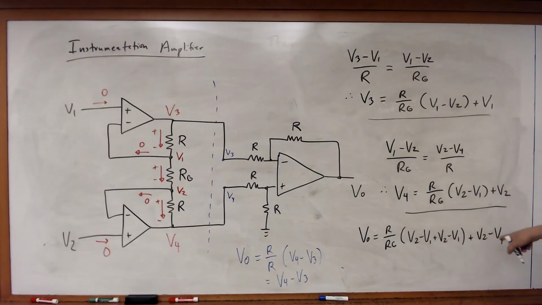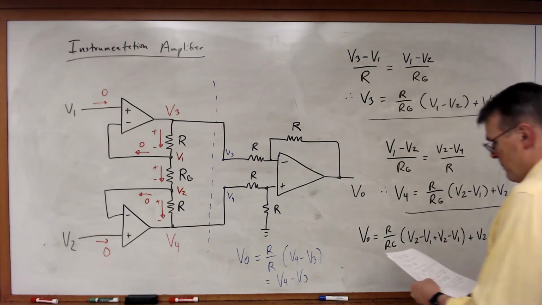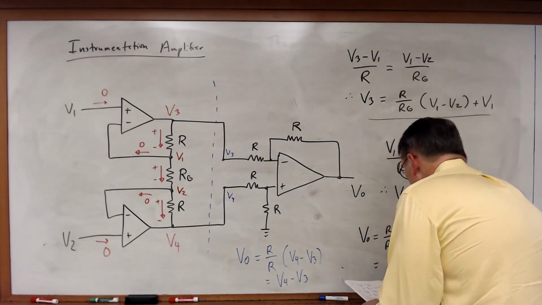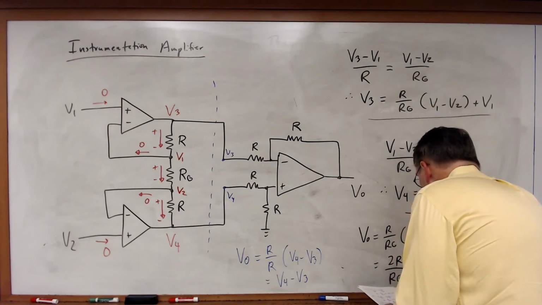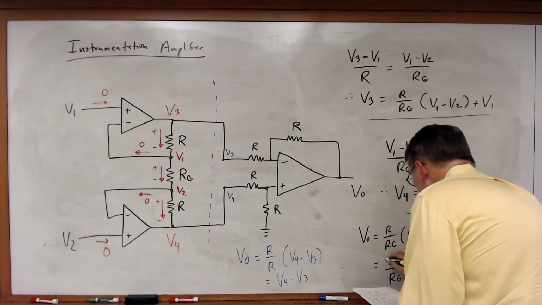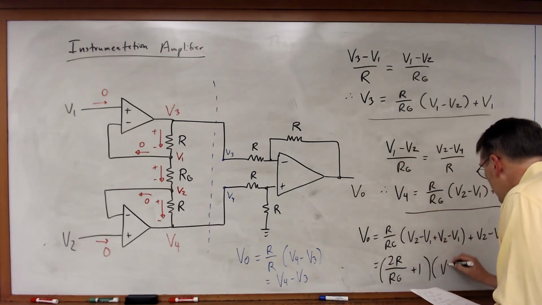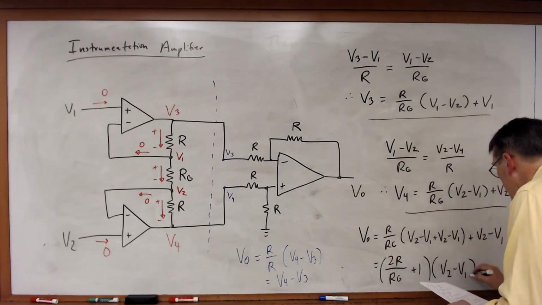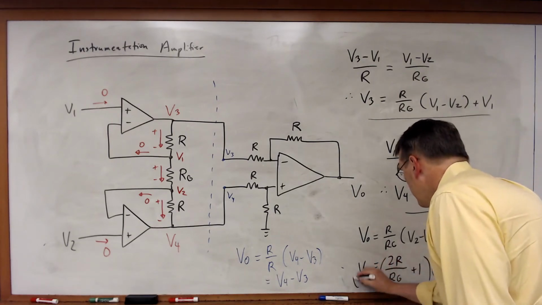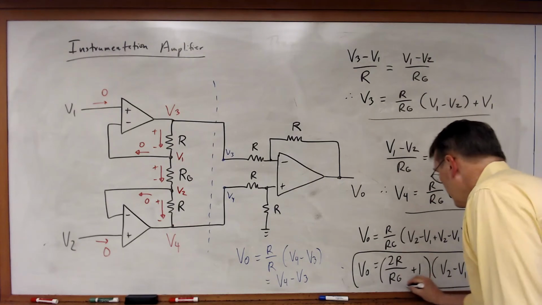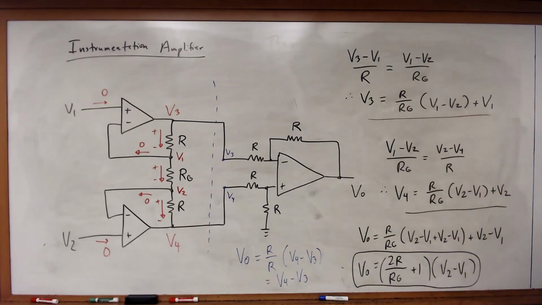And if I go through and combine terms together, this is equal to 2 times R divided by RG plus 1 times V2 minus V1. And that's our expression. So here's our expression for our instrumentation amplifier output voltage.